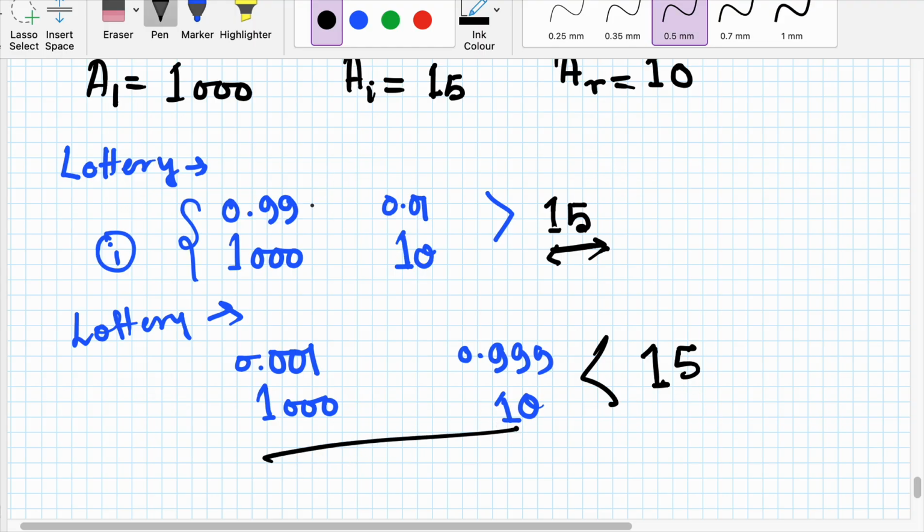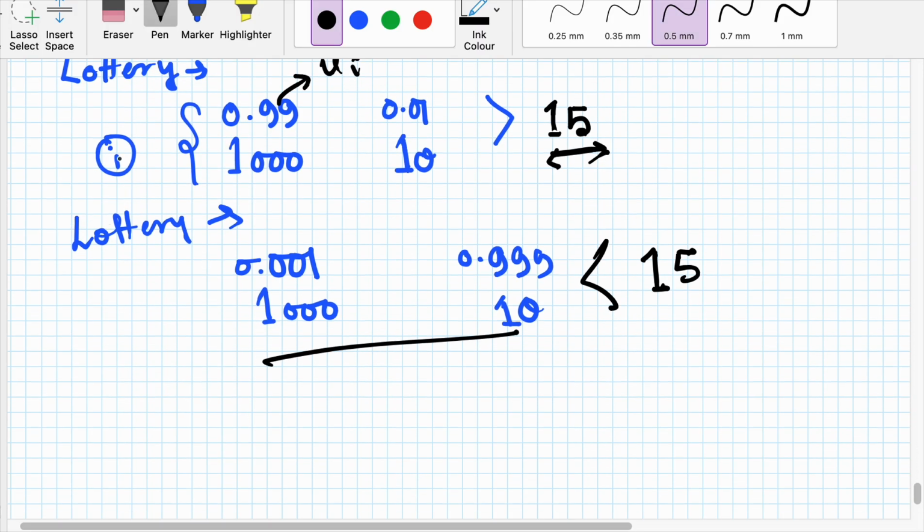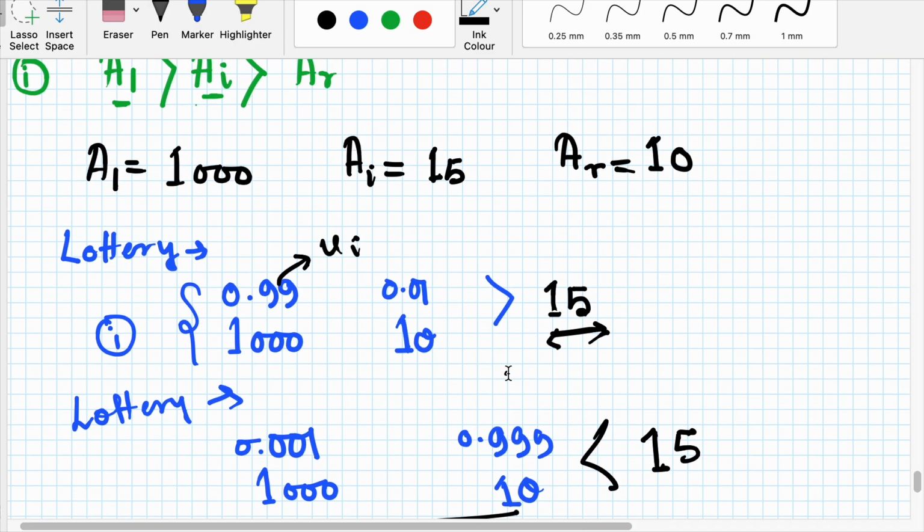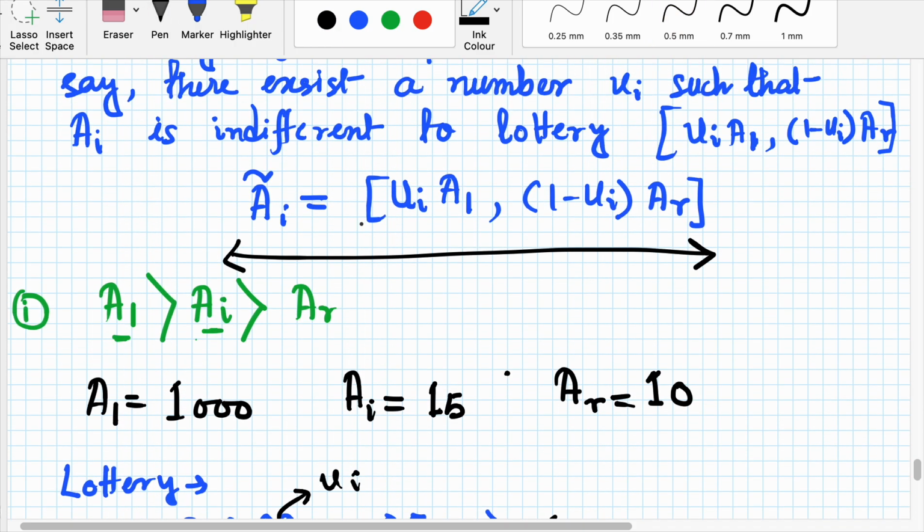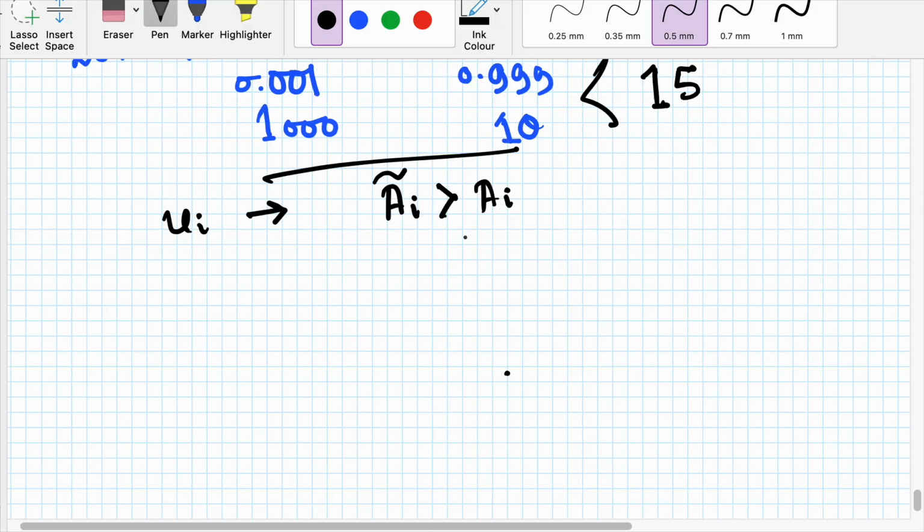So there is a range of probability. This is nothing but Ui. So we will always find that if I vary this Ui, sometimes Ai tilde is preferred over Ai, that means this lottery is preferred over Ai, and in some range of Ui you will find that Ai is preferred over Ai tilde.